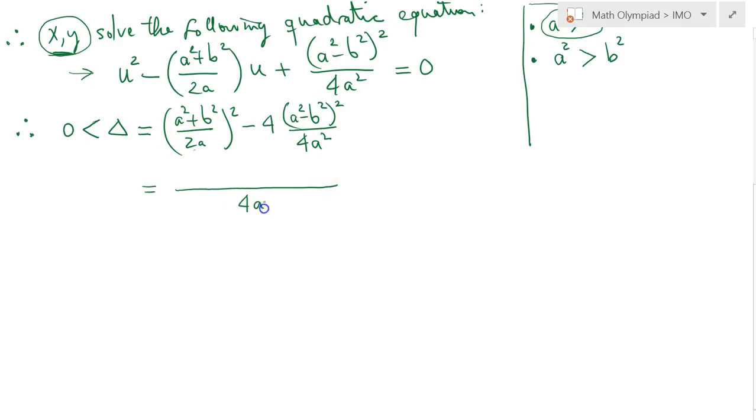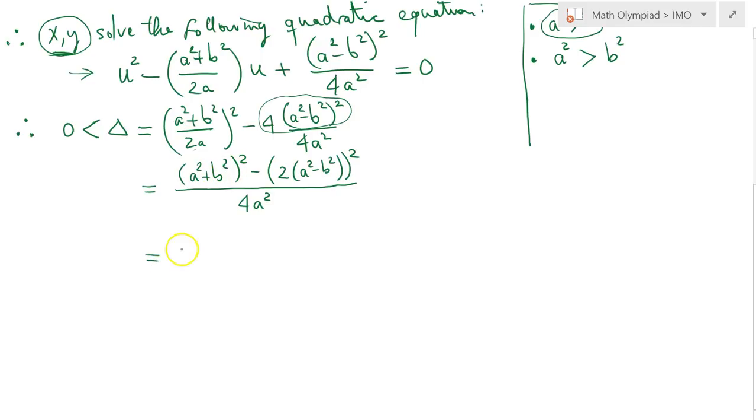I'll just leave the 4a squared here. Therefore here we will have (a squared plus b squared) squared minus 2 times (a squared minus b squared), all squared. Why would I do that? Because this is a difference of squares, so I can easily manipulate this.